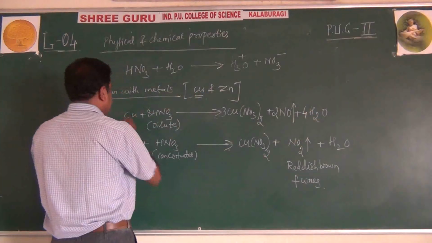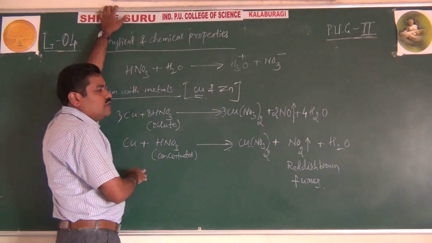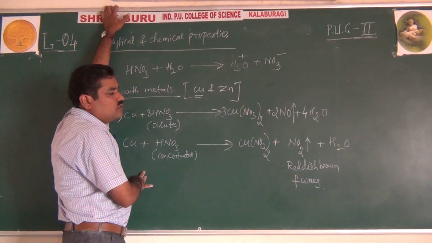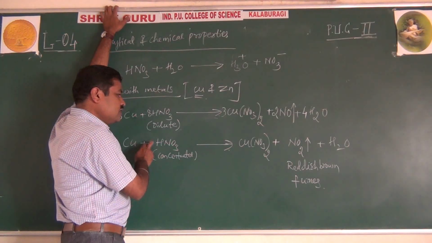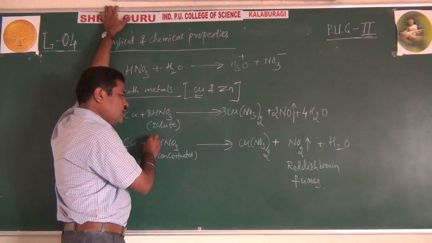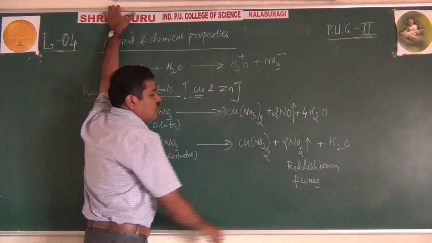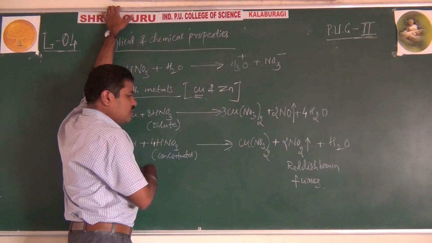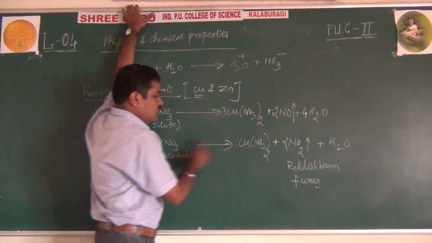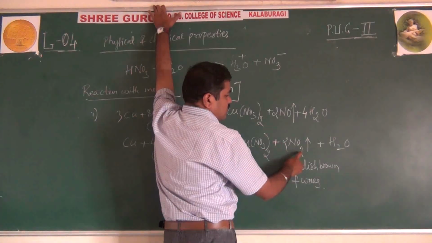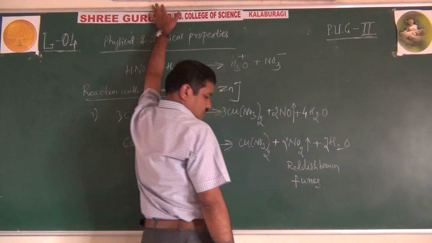This is the balanced equation: 3Cu plus 8HNO3 gives 3Cu(NO3)2 plus 2NO plus 4H2O. Now for the concentrated one, nitrogen is 2 plus 2, so just multiply to make it 4 HNO3.